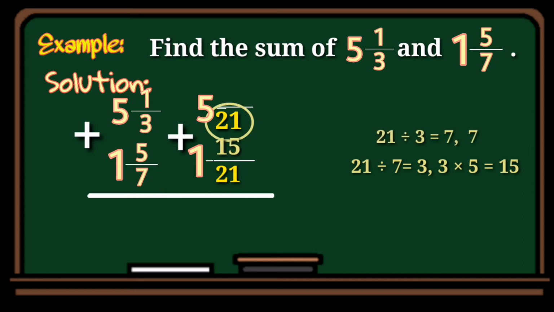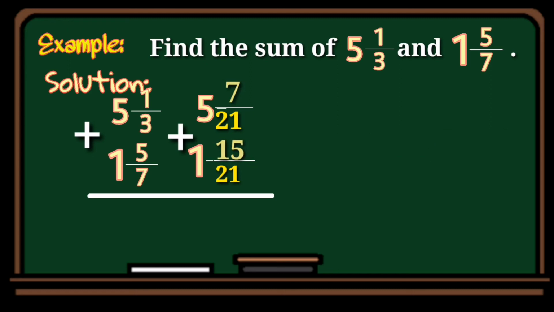And then 21 divided by 3 equals 7. 7 times 1 equals 7. So we have our new numerators, which are 7 and 15. And then add the whole numbers. 5 plus 1 equals 6. Add also the numerators. 7 plus 15 equals 22. Then write the sum over the common denominator, which is 21.